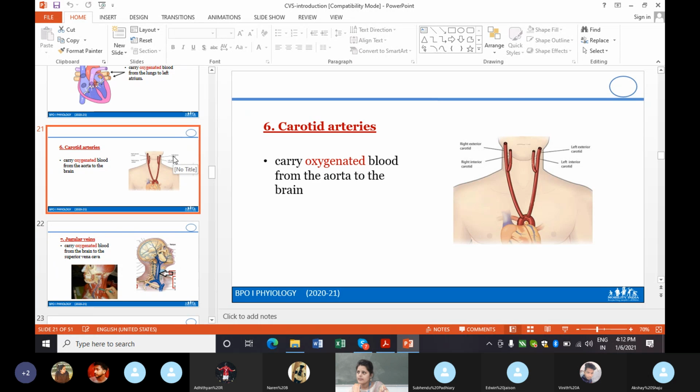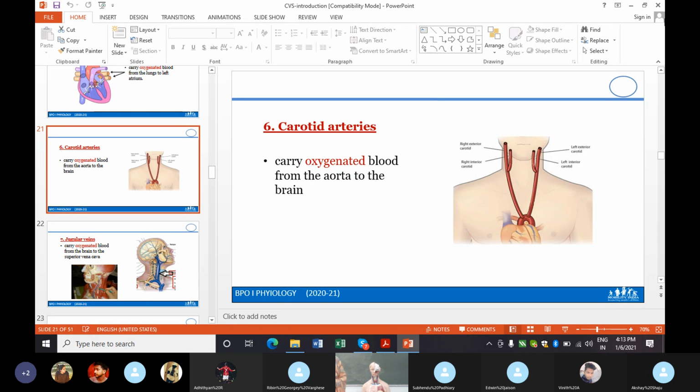So what all blood vessels we have discussed in last session? Ma'am, superior vena cava, inferior vena cava, aortic arteries, pulmonary arteries, and pulmonary veins.